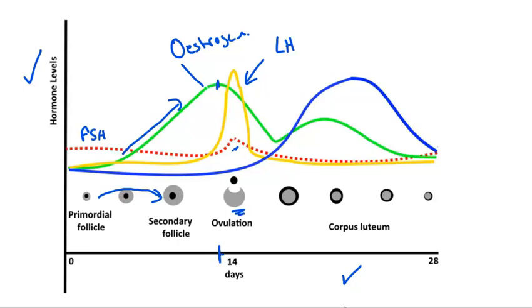Thereafter, the follicle takes on the form of the corpus luteum and its progesterone production, which you can see rising here. And that progesterone production is maintaining the lining of the uterus. This may be a more typical form of graphs shown in examination.